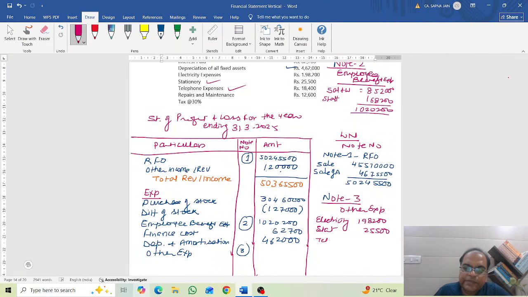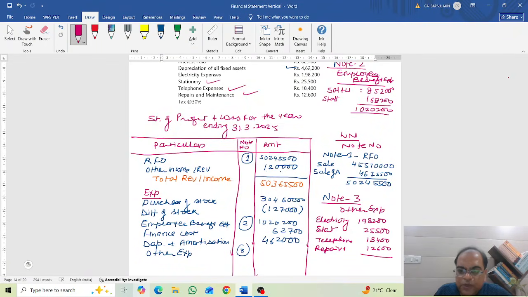Telephone expenses, this is 18,400. And repair and maintenance, this is 12,400. Total 4 expenses are given in the question.